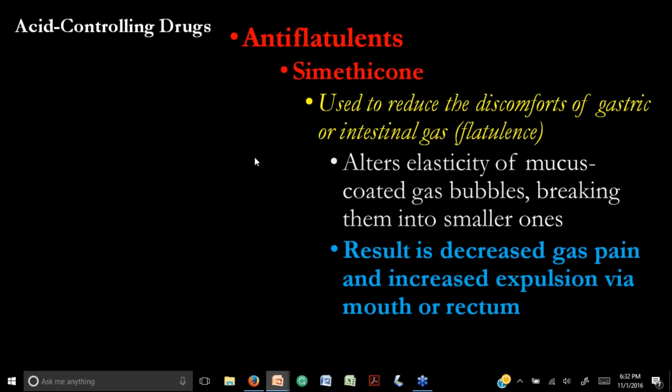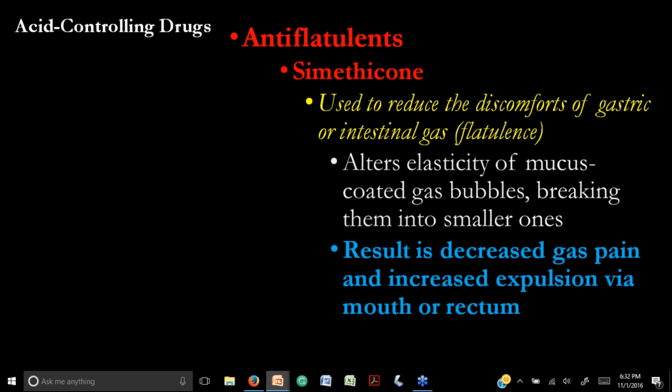All right, so simethicone. Simethicone, there is another high yield. Simethicone is used to reduce the discomfort of gastric or intestinal gas. So flatulence, too much gas, too much distension can actually produce a painful abdomen.